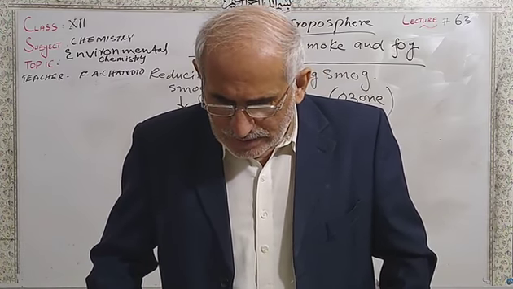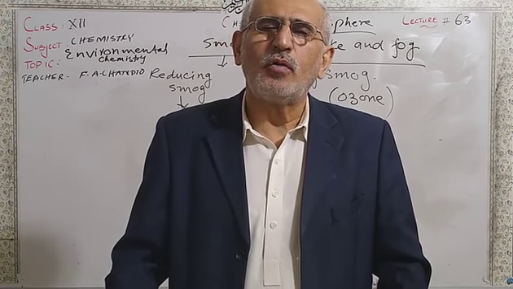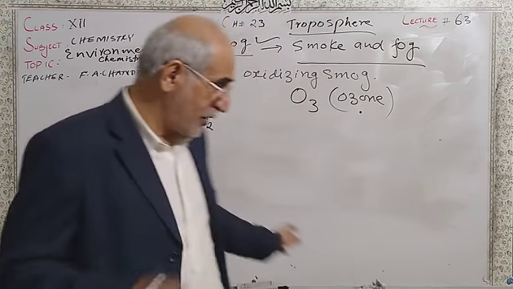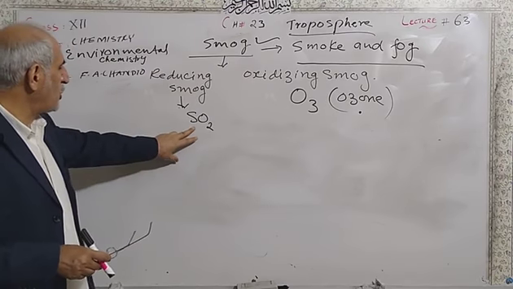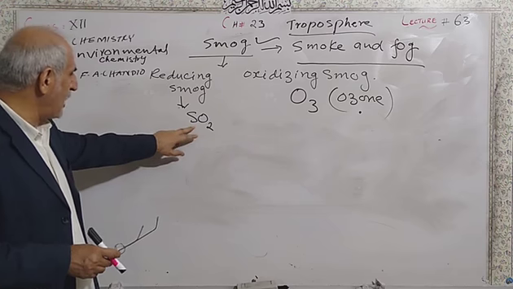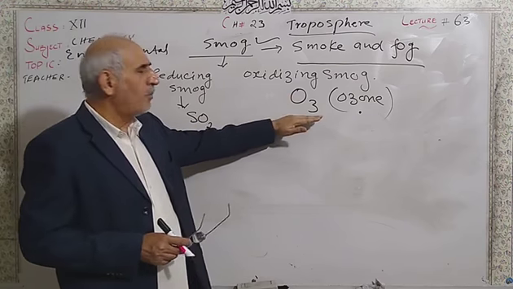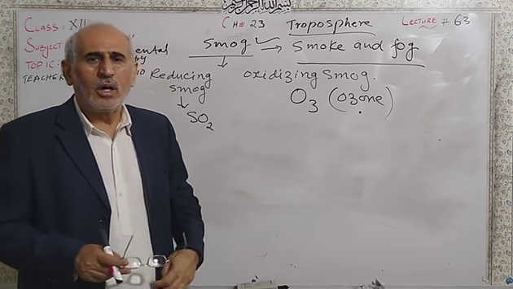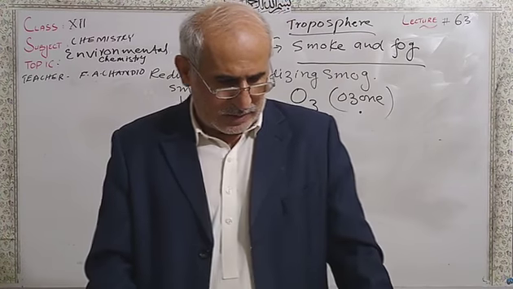So dear students, this is about the smoke. We have two types of smokes: reducing smoke, formed from sulfur dioxide gas, I told you the background, and oxidizing smoke, mainly containing ozone in the photochemical process.